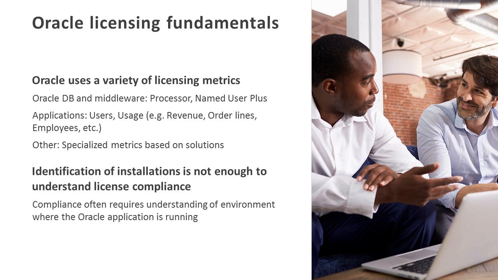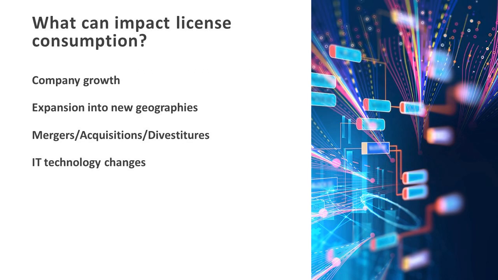And it's very important, again, to note that you need to make sure that you understand what is being used in order to understand your license consumption. And further to that, where the application is running, where it's installed and configured, can also have an impact on license consumption. And we'll dive into more details of that in the later part of the webinar.